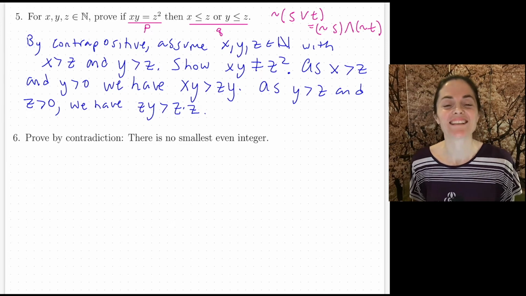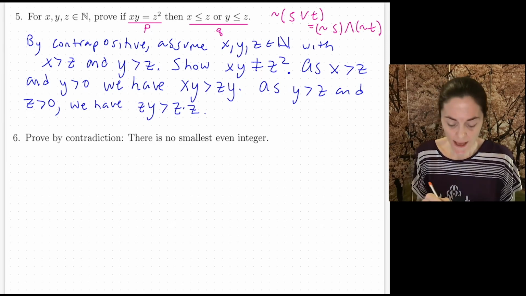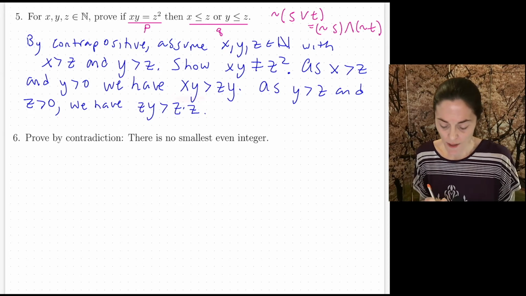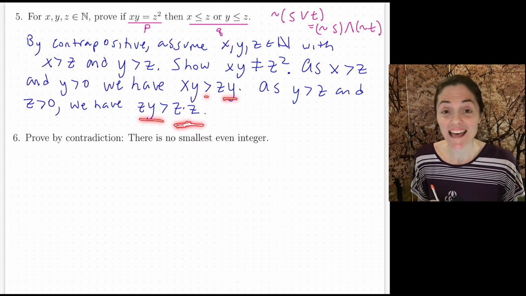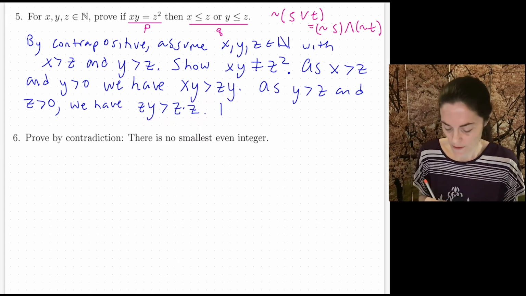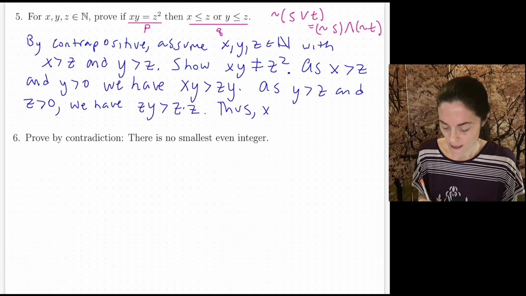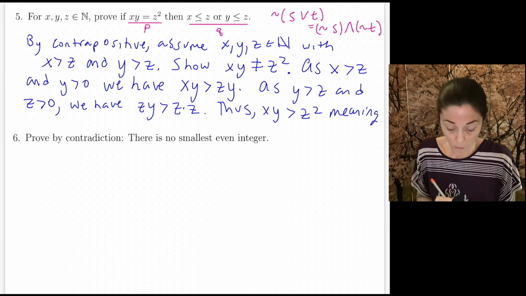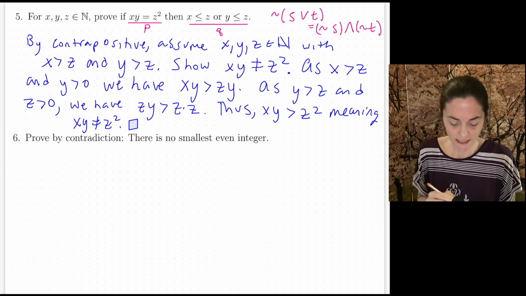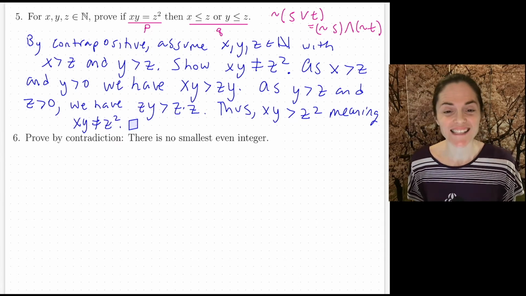Okay, so now what do we do? Well, you see, we have xy is bigger than z squared. In particular, it is not equal to z squared. Thus, xy is bigger than z squared. And this is exactly what we wanted to show, not equal to. This is the end. We have proved this statement using contrapositive.